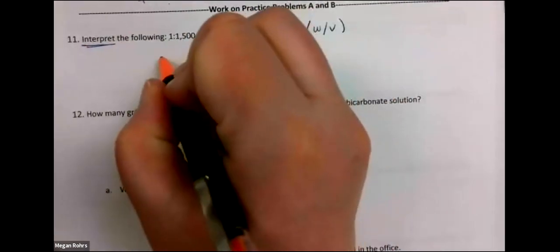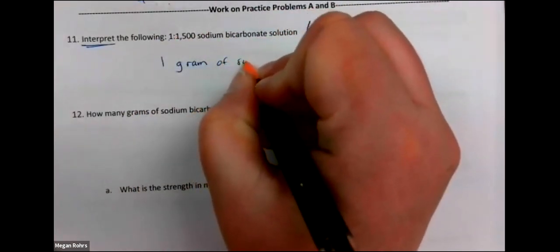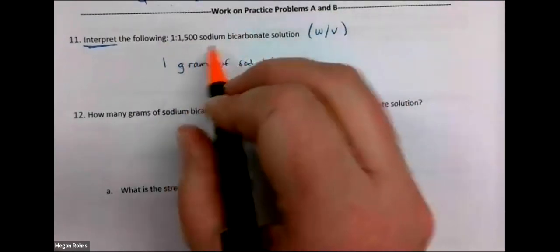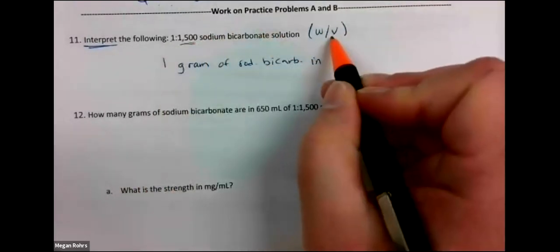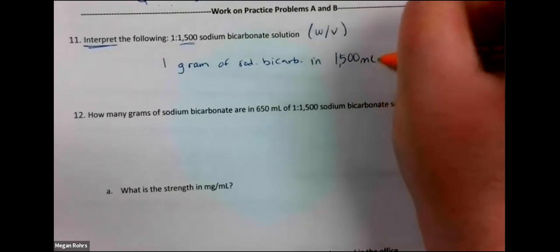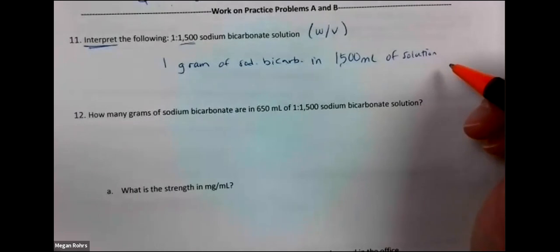There would be 1 gram, because this is a weight, of sodium bicarbonate in every 1500 milliliters of solution.